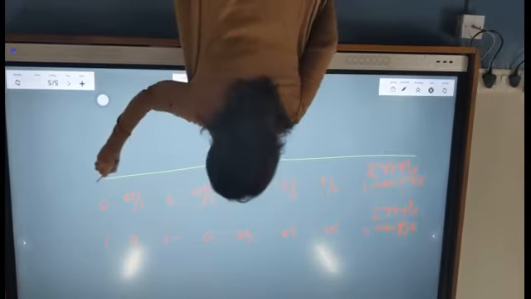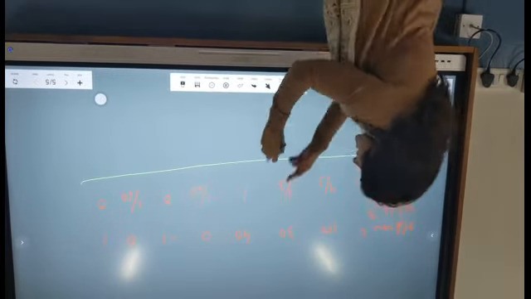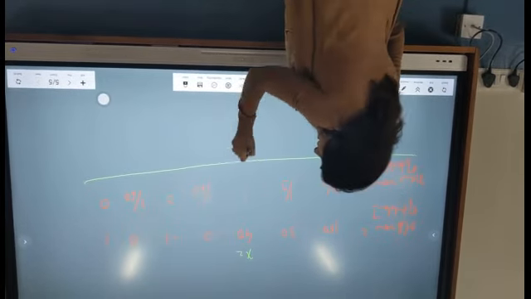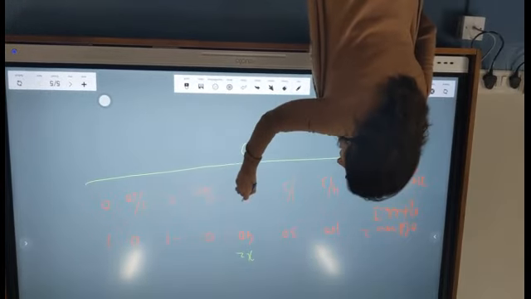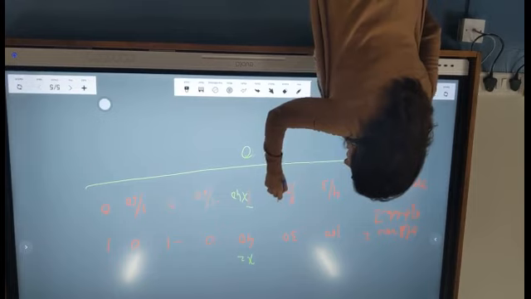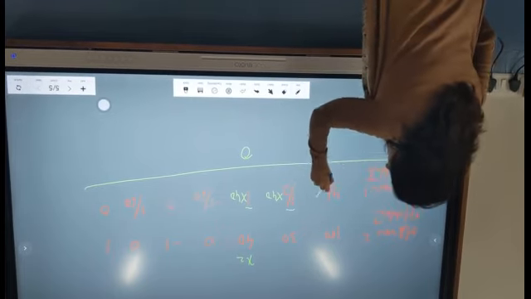Now I have to make row operations in such a way, this is my x2, I want this to be 0. So what is here? 40. So I'll multiply by 40 and I'll subtract.